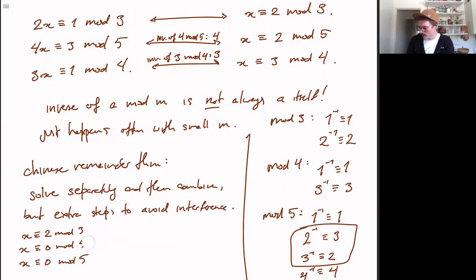I guess I have this in the other order, so I may as well keep the same order. And then for 5, we do a similar thing. And why don't I just write it out all the way?